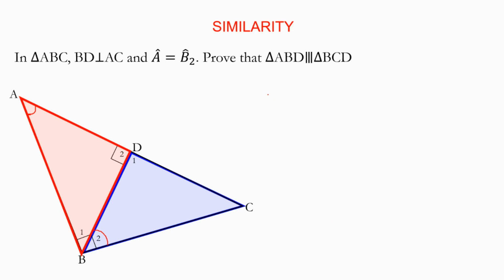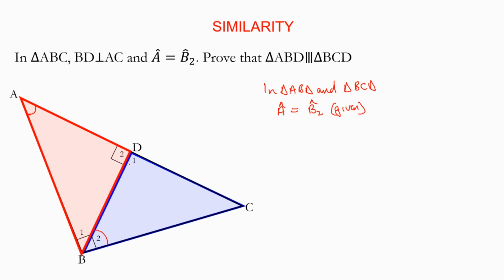So let's say we're going to start with triangle ABD, the red one. So in triangle ABD and triangle BCD. Right, angle A is equal to angle B2, we're given. Okay, right, and then what can you say about angle D2 and angle D1?